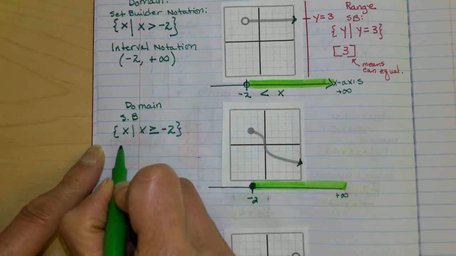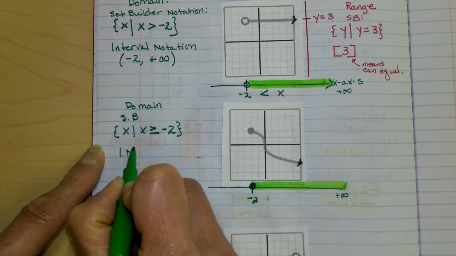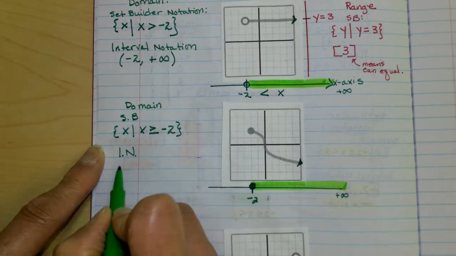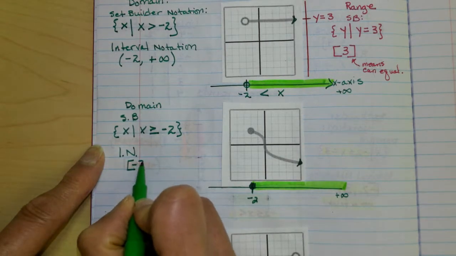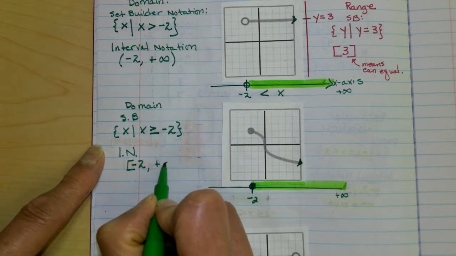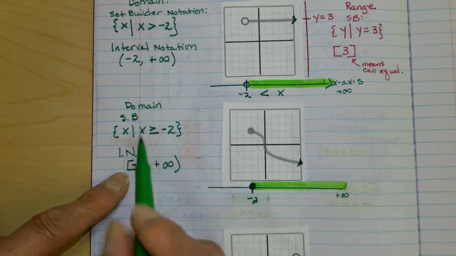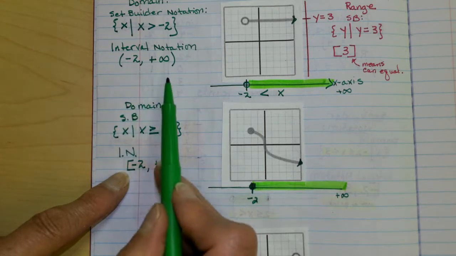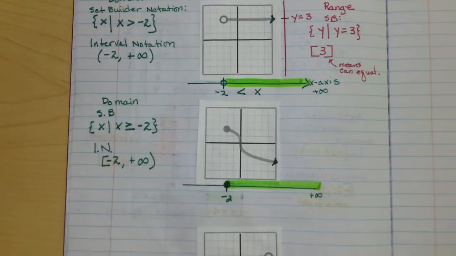And for interval notation, which I'm going to abbreviate IN, it's going to include -2 and go all the way to positive infinity. This means it can equal, this means it comes close. And we can never get to infinity, so we always use a parenthesis there.